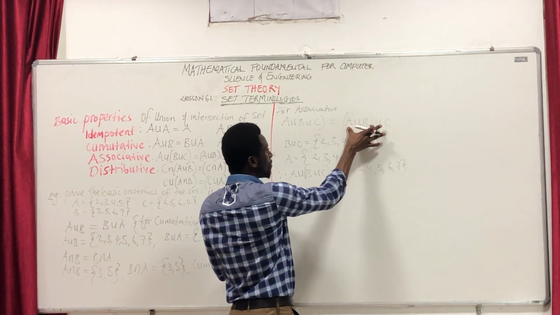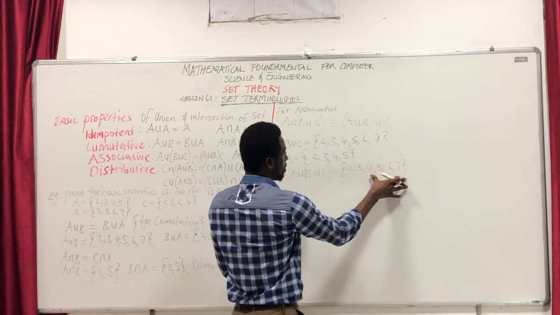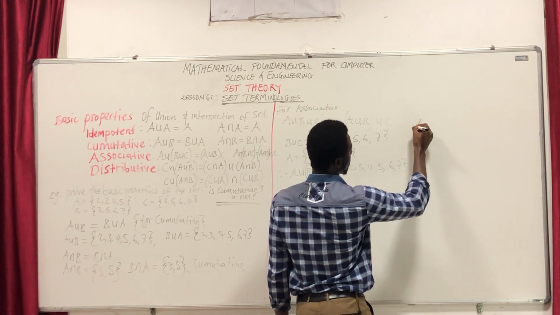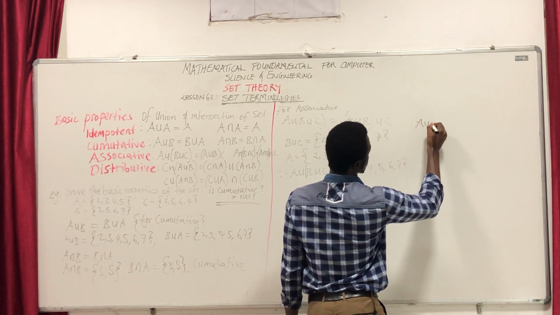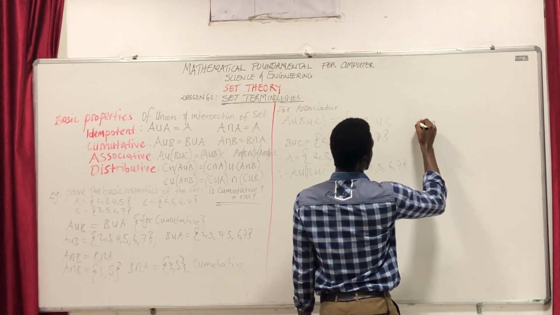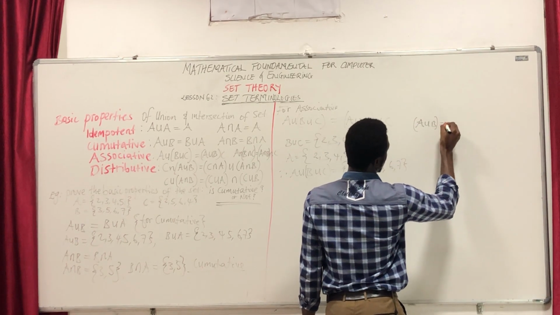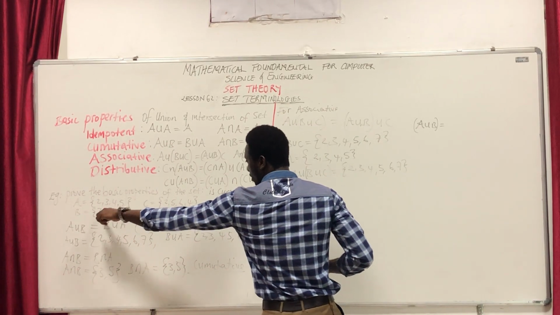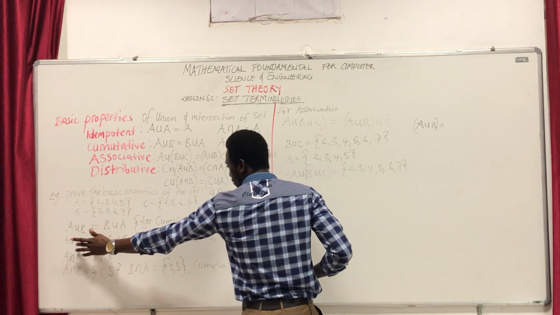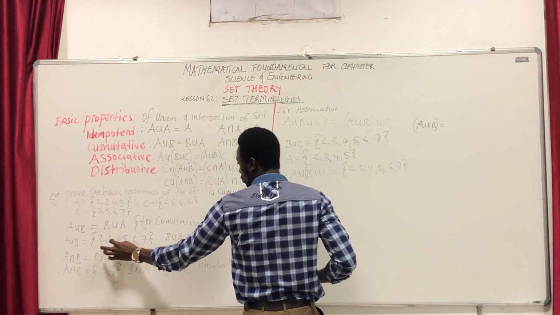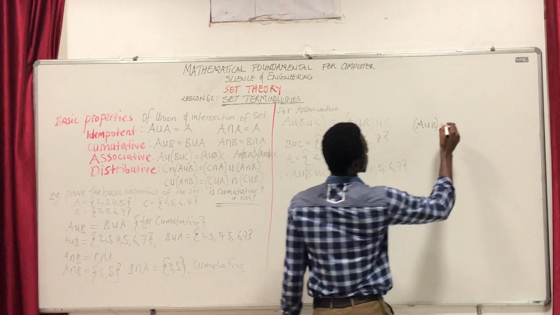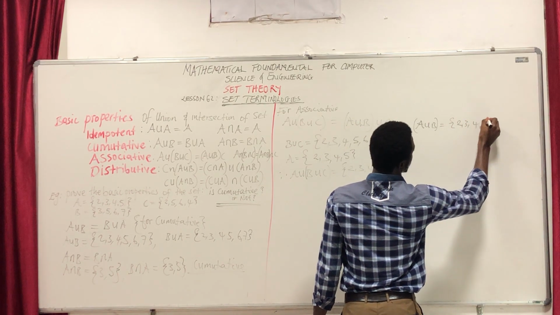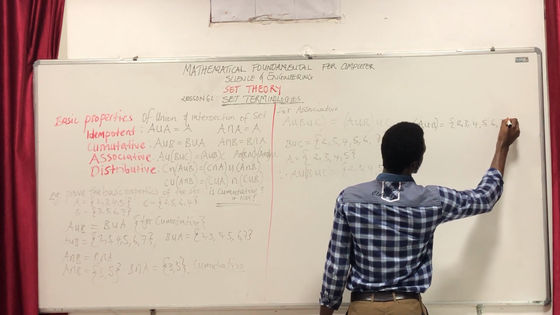So let's check now if this element here is equal to this one. So here, A union B. First take this one, A union B. We already have here A union B, which is 2, 3, 4, 5, 6, 7.